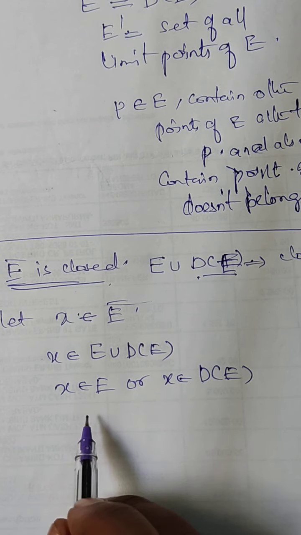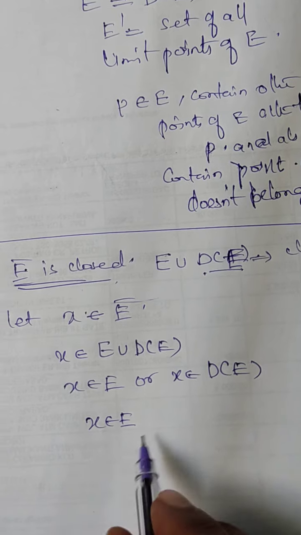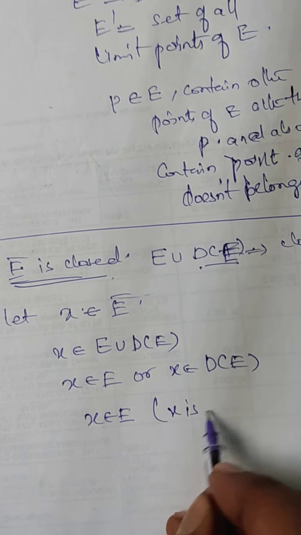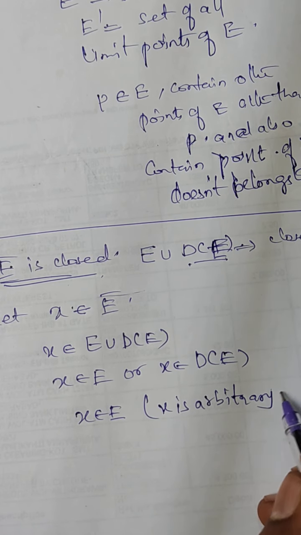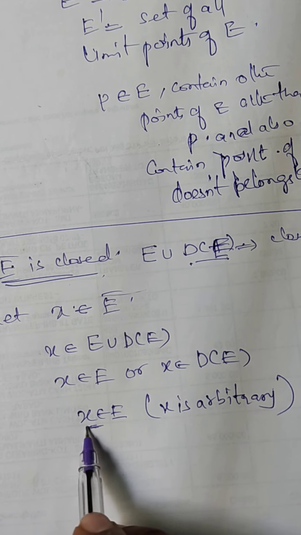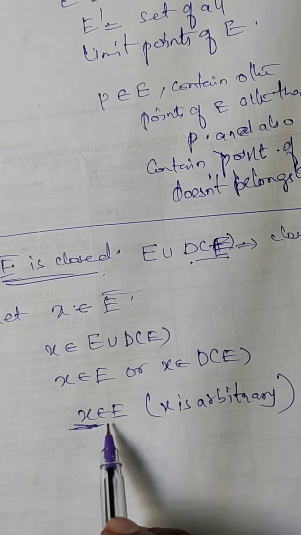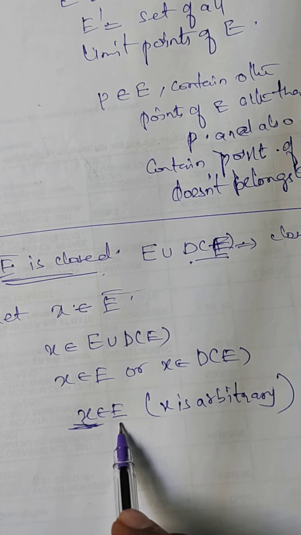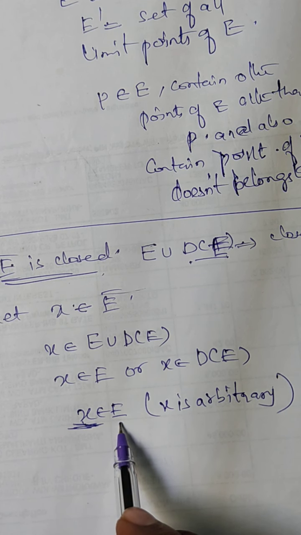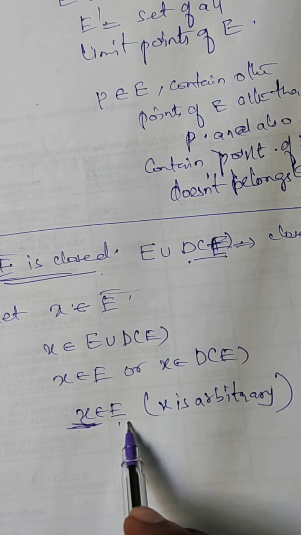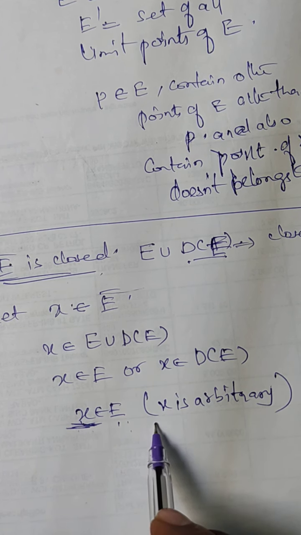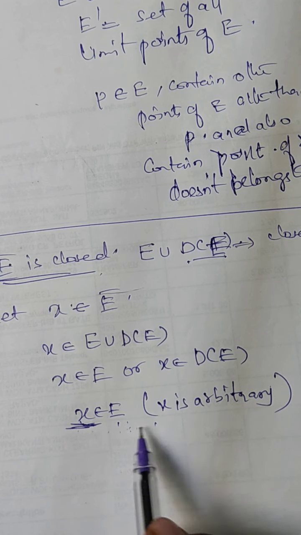If X belongs to E, since X is an arbitrary point, there is nothing to prove, as the neighborhood of X is contained inside E. So from this we can get that E is closed.